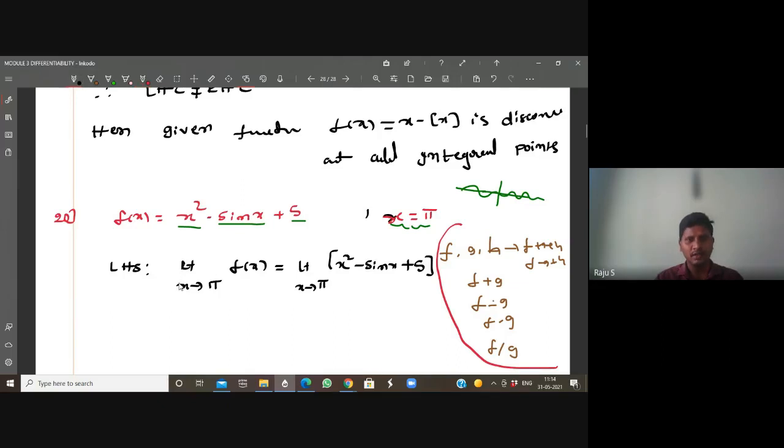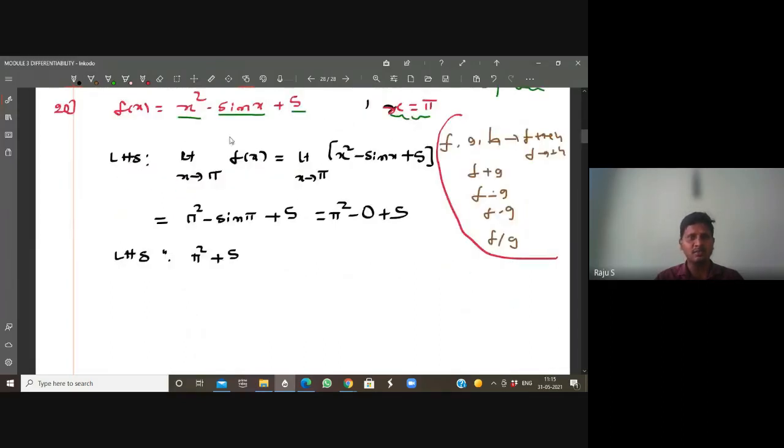Pi square minus sin pi plus 5, which is clearly pi square plus 5. What is sin pi? Sin pi value is 0. Am I right, students? Sin pi is 0. So finally, the left hand side is pi square plus 5. This is LHS.